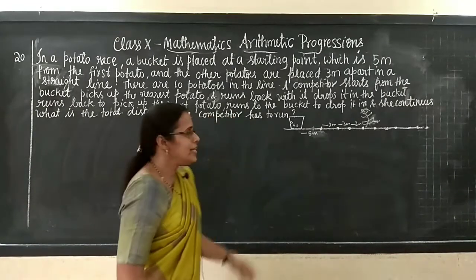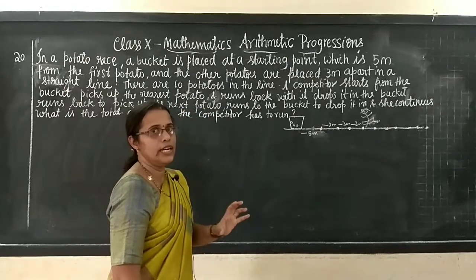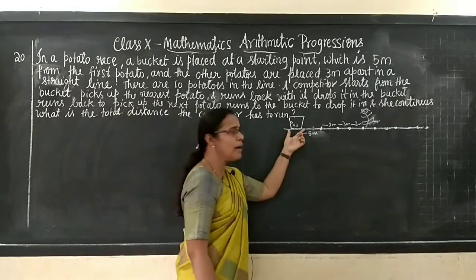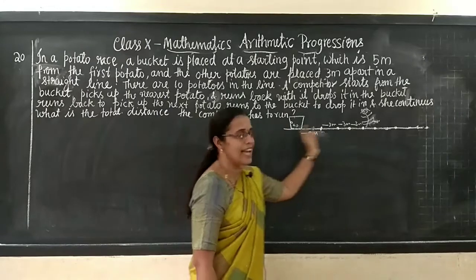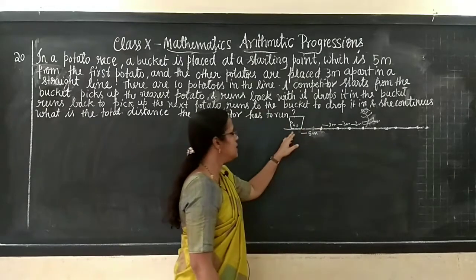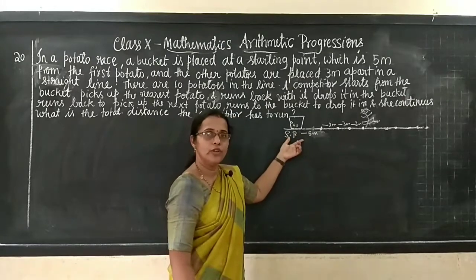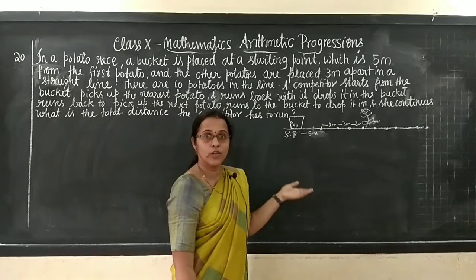Okay, so what is the question? The question is a little lengthy, but you can do it very easily with this method. Just see here. One bucket is there, placed in a straight line. This is the starting point. Now we played the potato race in our childhood days, right?